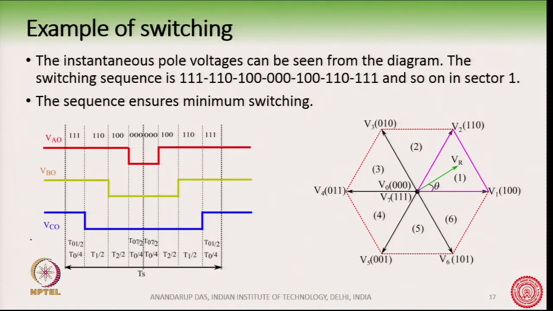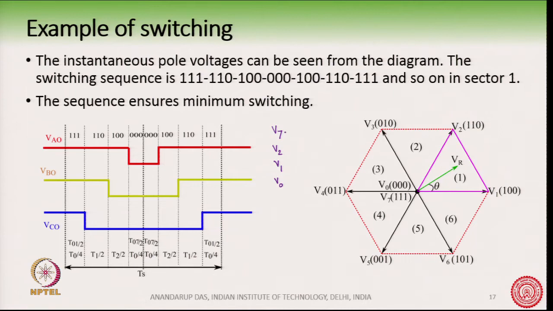When we do this switching, let us see this switching where we are switching from 111, 110, 100 and 000. Okay. So, there is a reference vector Vr, and we are realizing it by switching like V7, V2, V1 and V0.